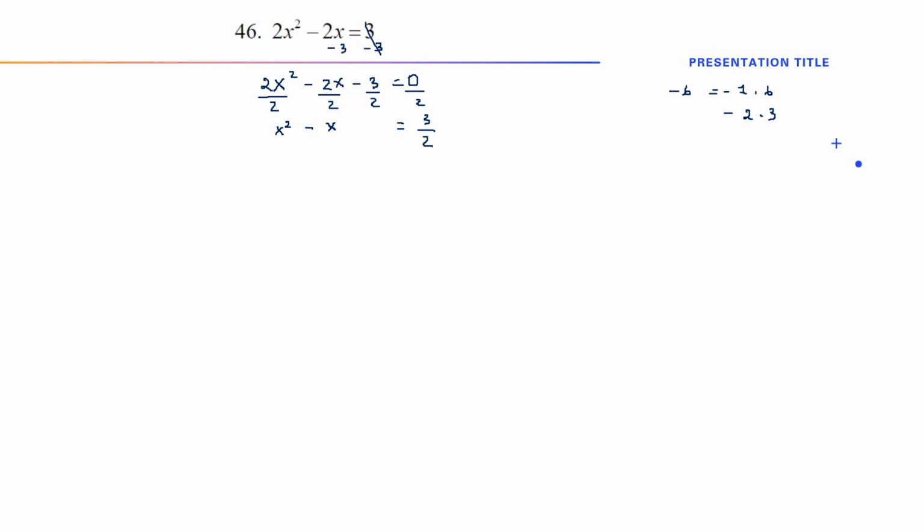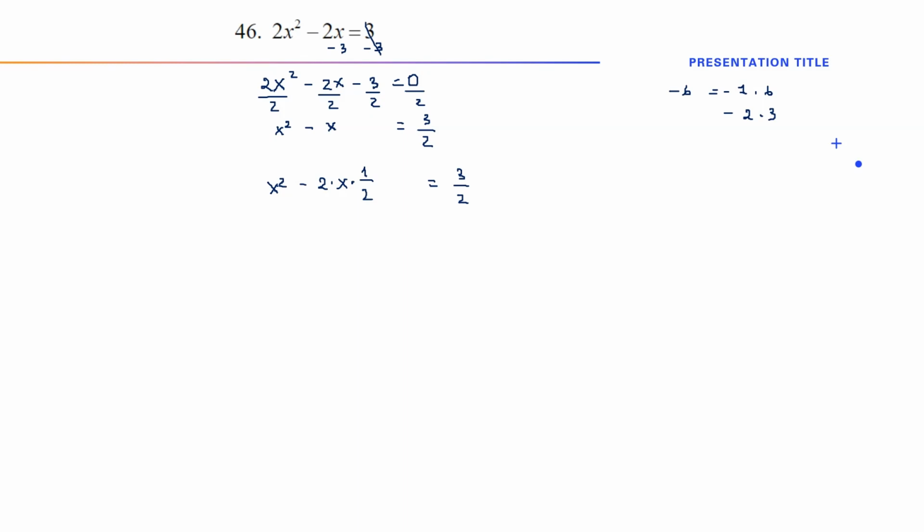So now we can rewrite one more time. x squared minus 2 times x times 1/2, because 2 times 1/2 is 1, times x is x, equals 3 over 2.